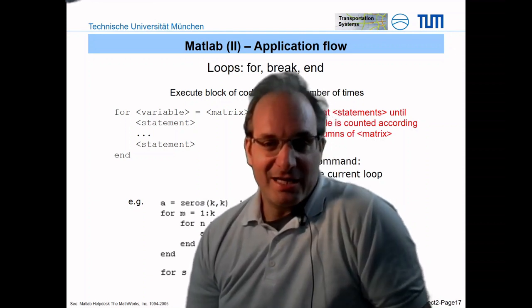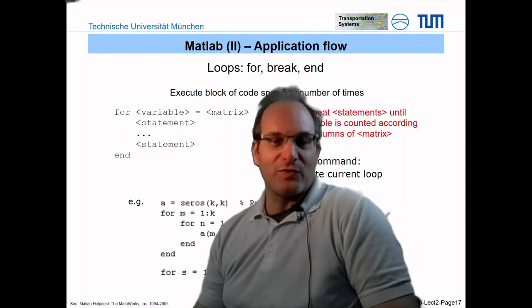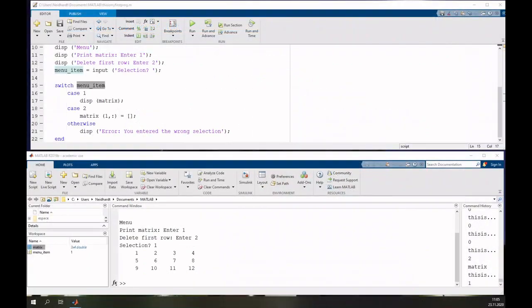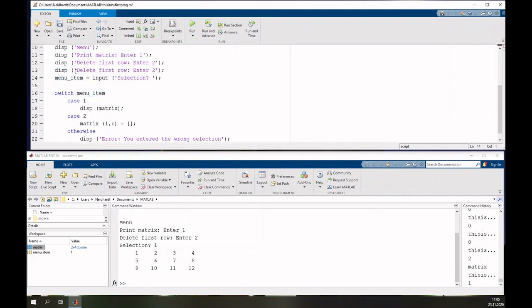It's very theoretical, so let's directly jump to the Matlab sample. So we want to extend our menu. So let's say we want to print now the matrix with our own method. So let's extend this.